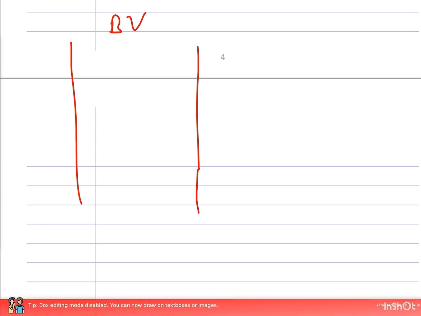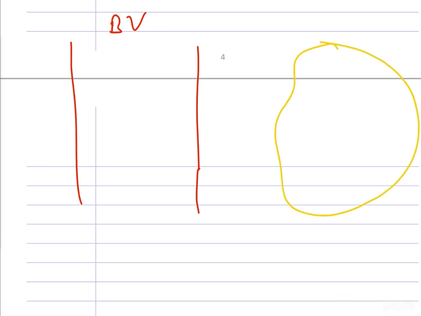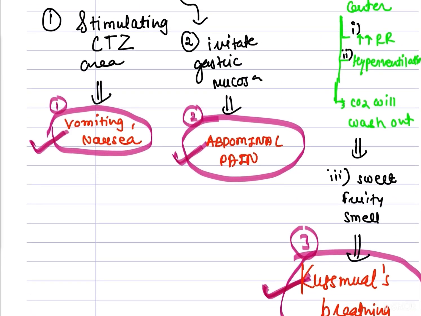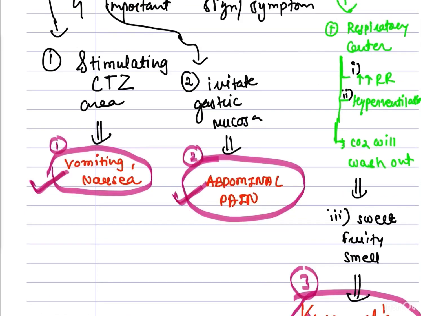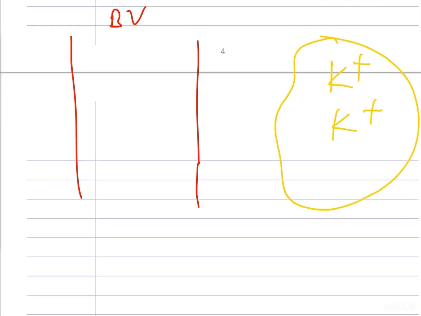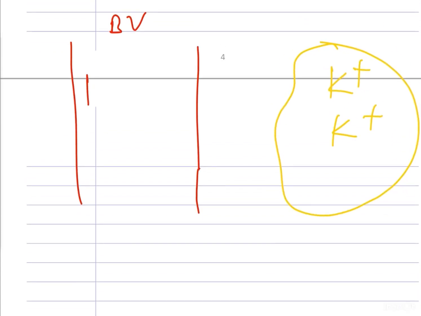Now I will give you a brief idea of the normal physiology. This is our blood vessel, this is our cell. We know that the cell is rich in potassium, and in our patient we are having H plus ion in the blood vessel.